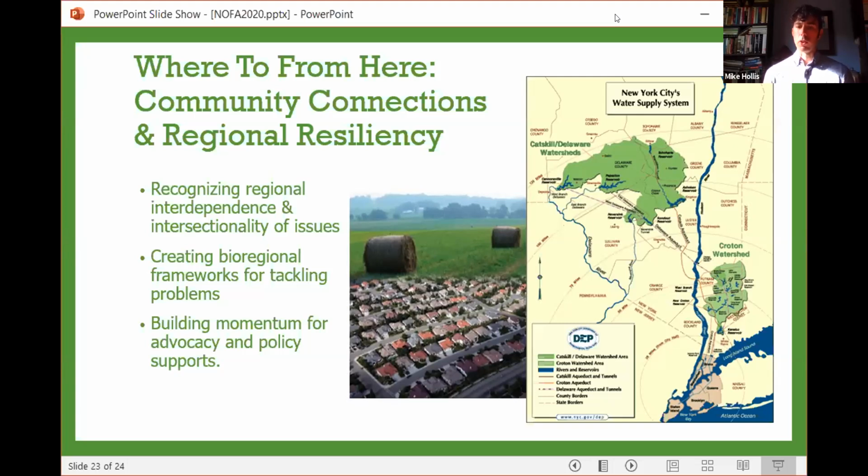So not just a local initiative, but really looking at ourselves as an interconnected region.